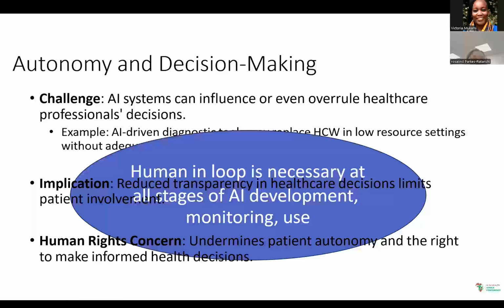So if we are going to work with these tools in low income settings and low resource settings, the worry is that we're so desperate for help in healthcare situations, and so desperate for things that are going to help us, that we may just say, okay, we're going straight to using the AI tool.